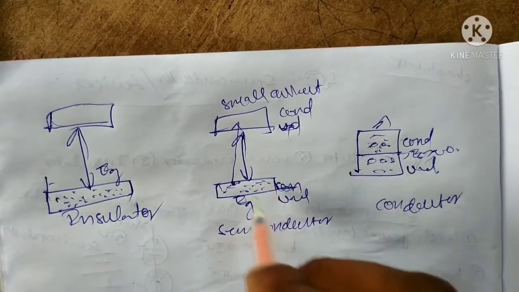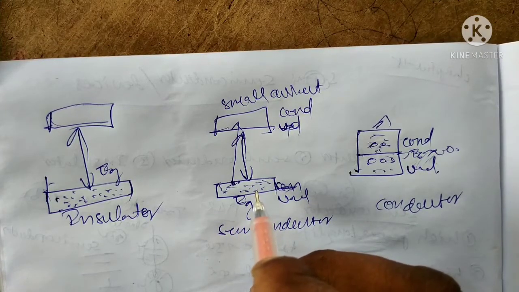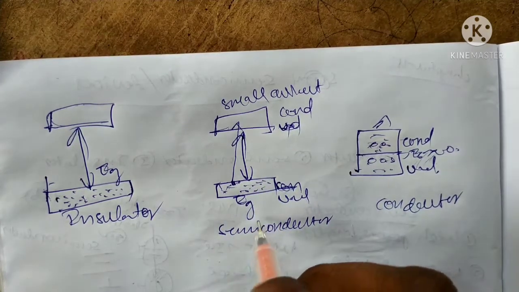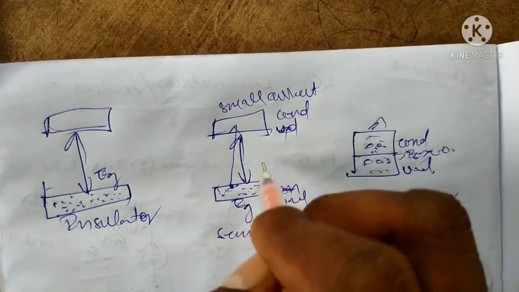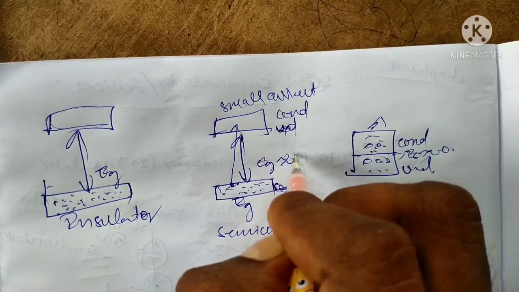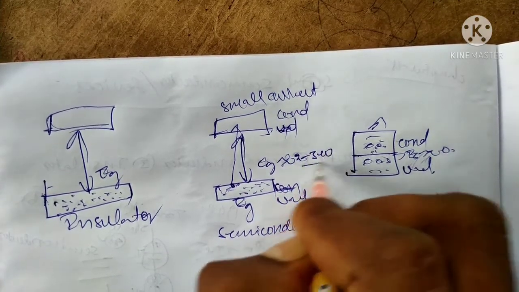That is the definition of semiconductors, explained a few times. In semiconductors, the energy gap is approximately 2 to 3 electron volts.